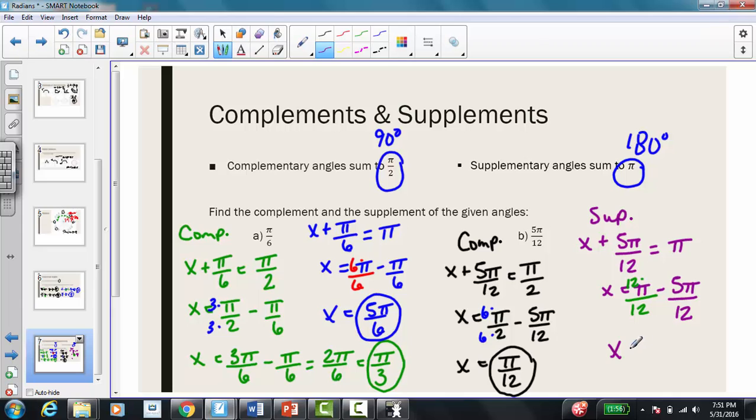And that's going to get me x equals 7 pi over 12. So that's really all you need to know about radians, coterminal angles, and how to find the complement and supplement angles when you're in radians instead of degrees.